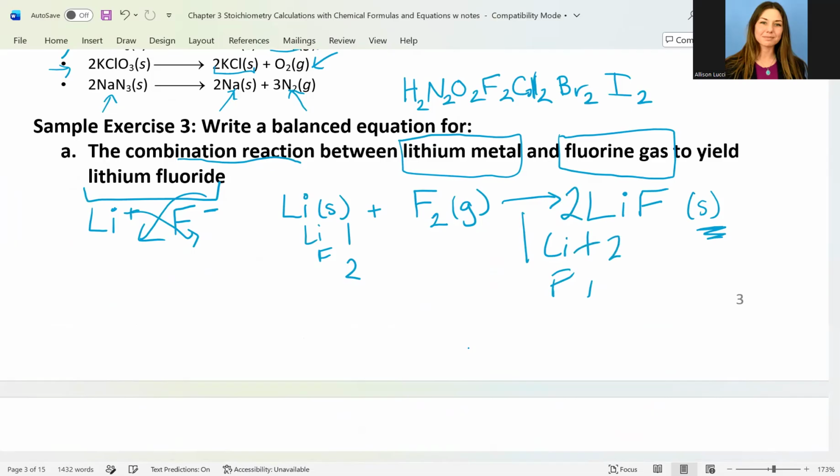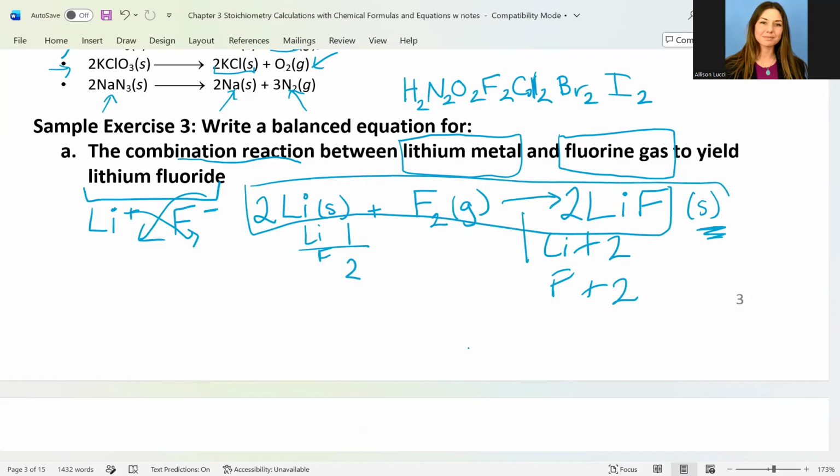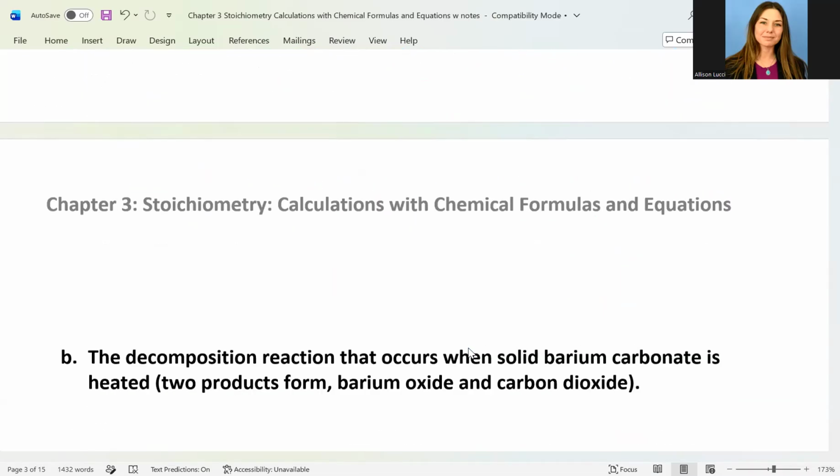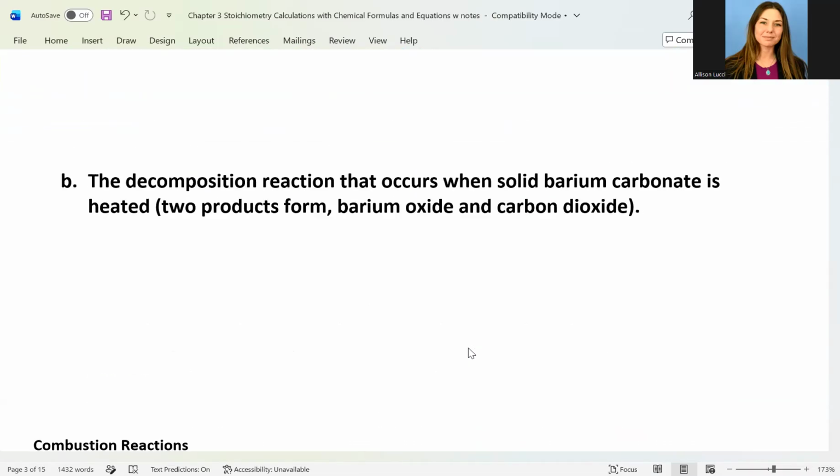That will change both my lithium and my fluorine. And then over here on this side, I just need to change my lithium. So I added a 2 coefficient. So this would be our final answer, if I could get every phase in there. We have 2 moles of lithium solid combined with 1 mole of fluorine gas to give us 2 moles of lithium fluoride. So that's how you could complete a question like that.